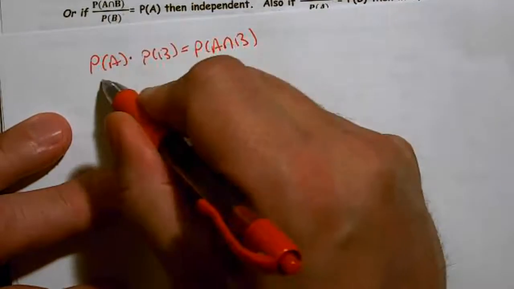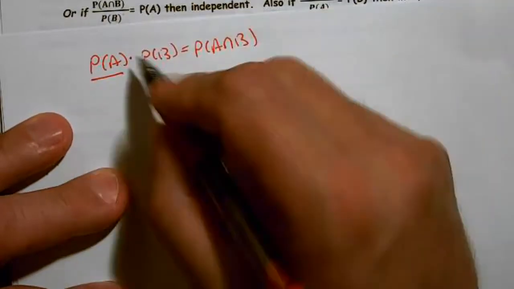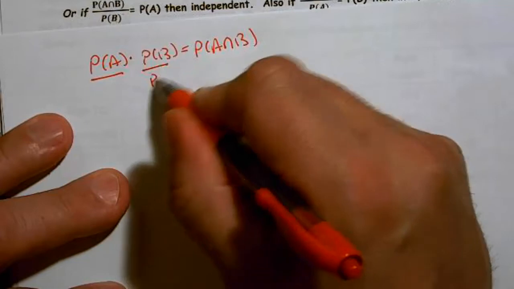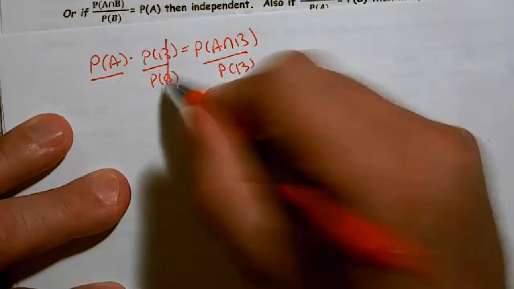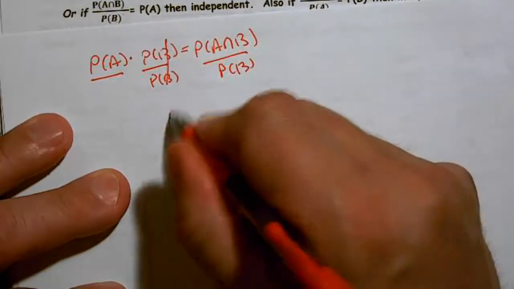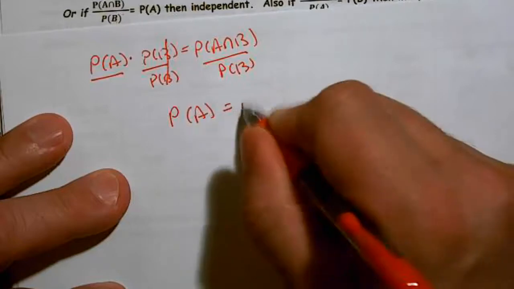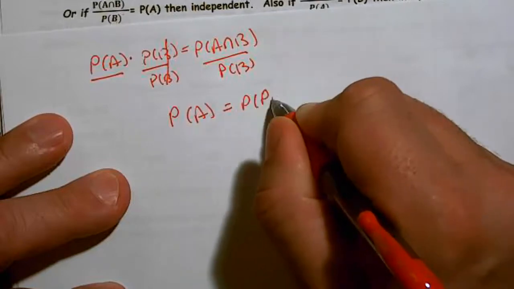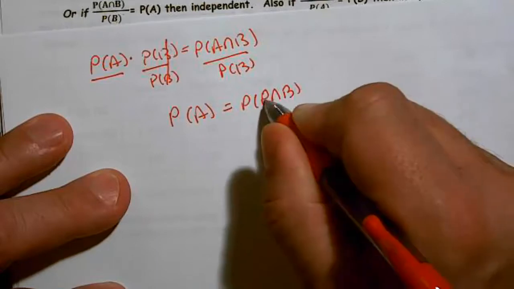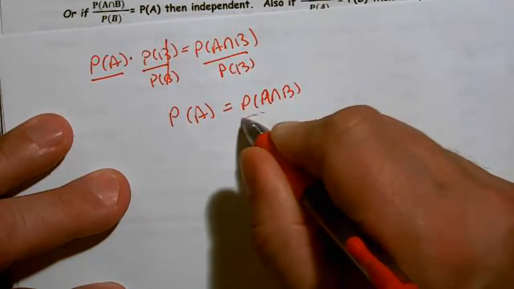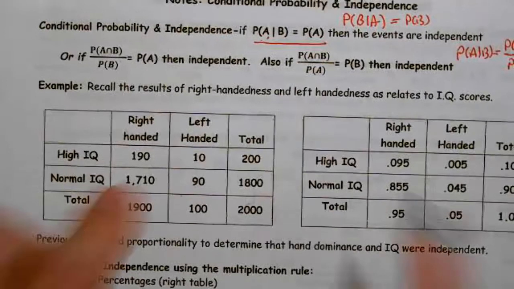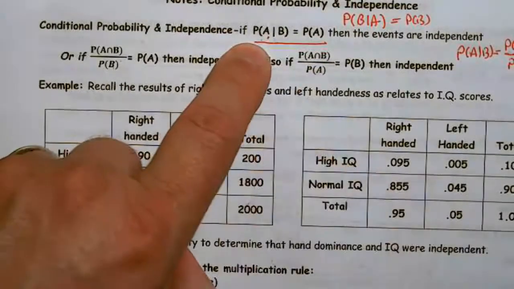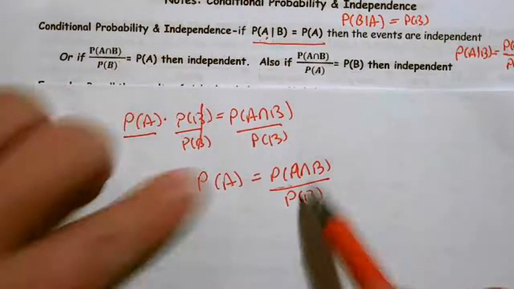Well, if I divide both sides by the probability of B, this goes away, and I find out that the probability of A equals the probability of A and B over the probability of B. So it's just an algebraic manipulation, but sometimes College Board wants you to use that formula.